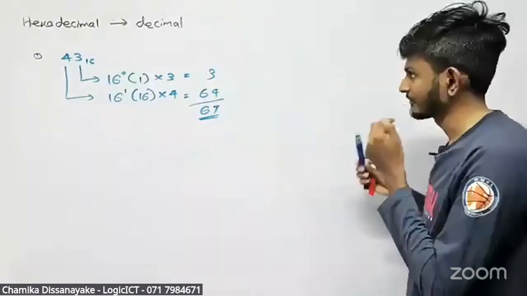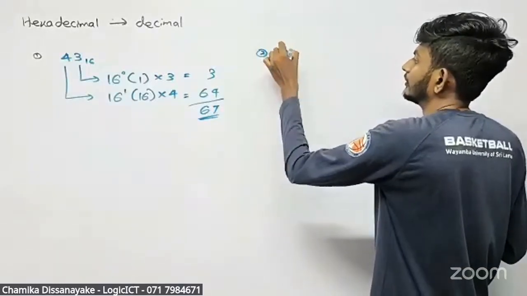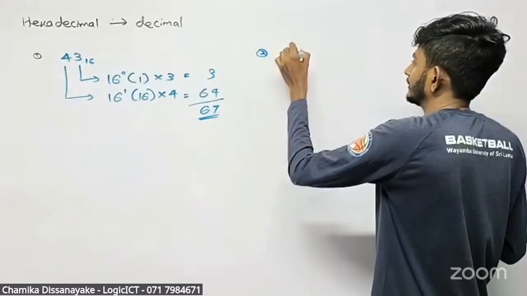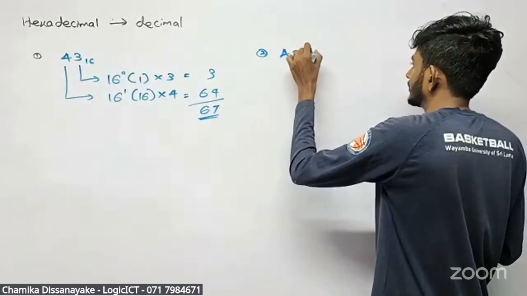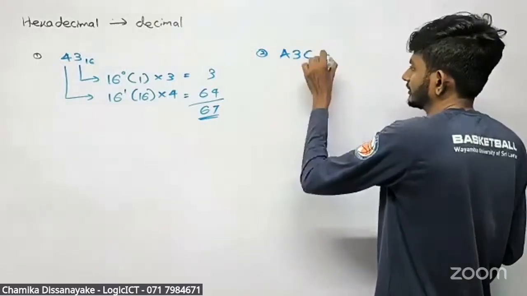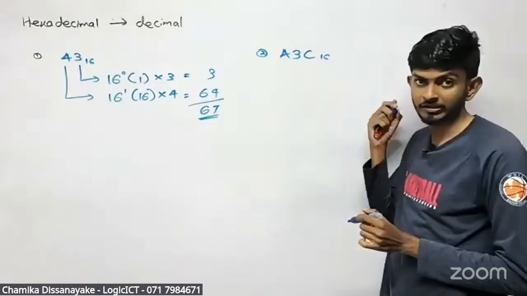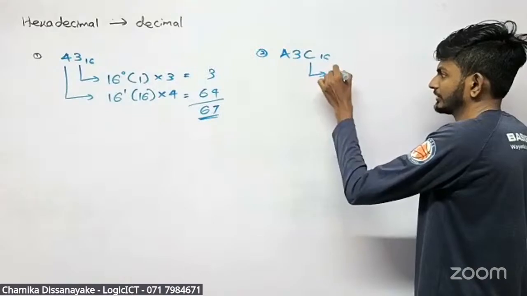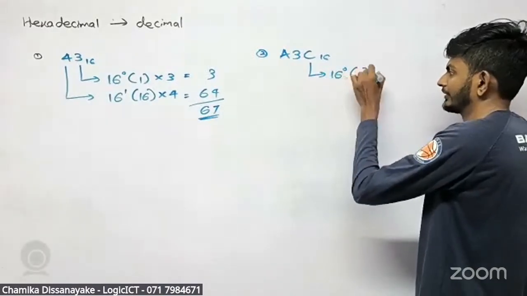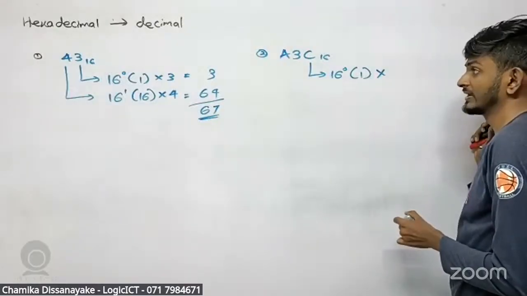Okay, what are those? The second one, A, 3, C. This is a number. Okay, A3C is a hexadecimal number. So this one is 16 to the power 0, meaning 1, multiplied by what is the value?